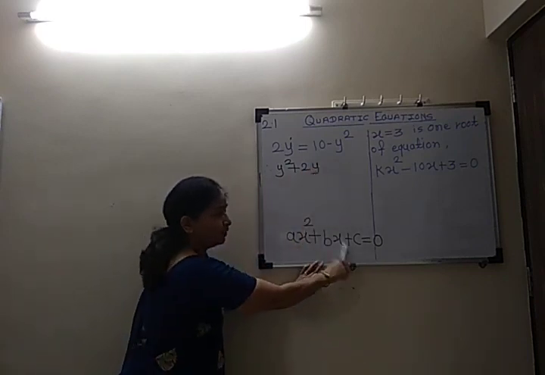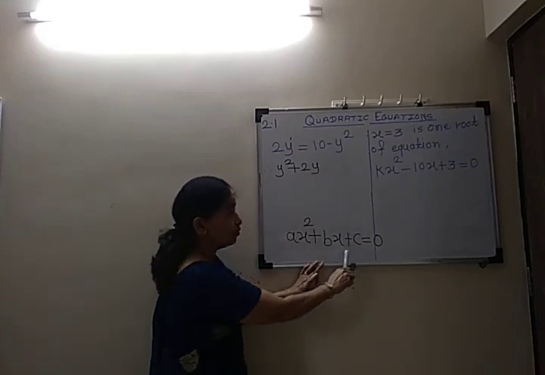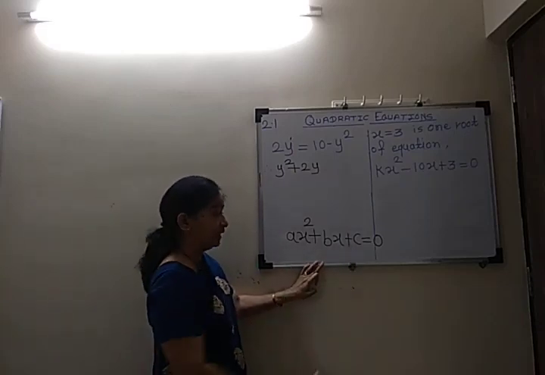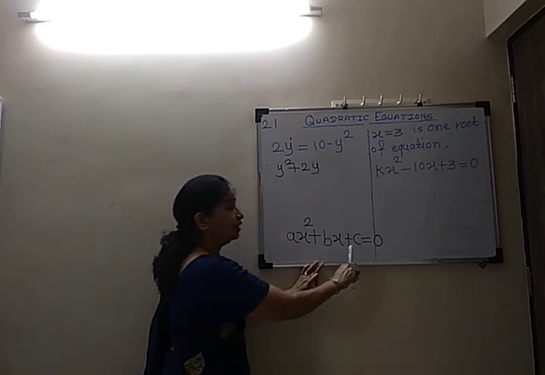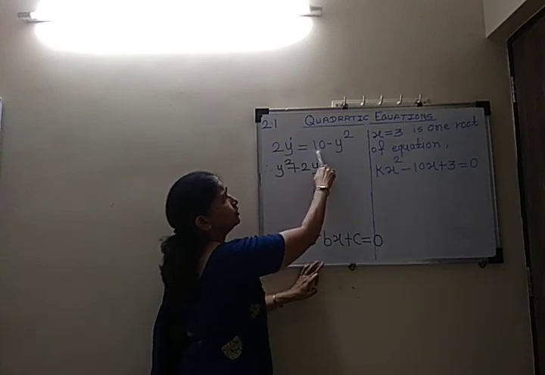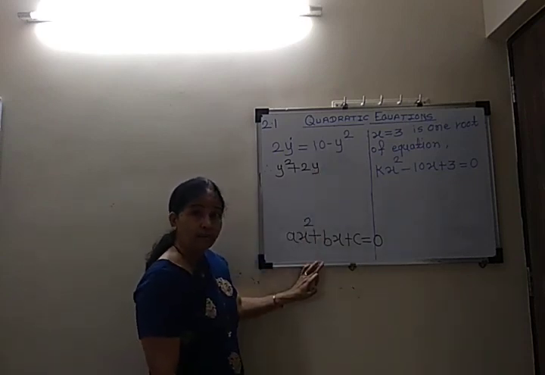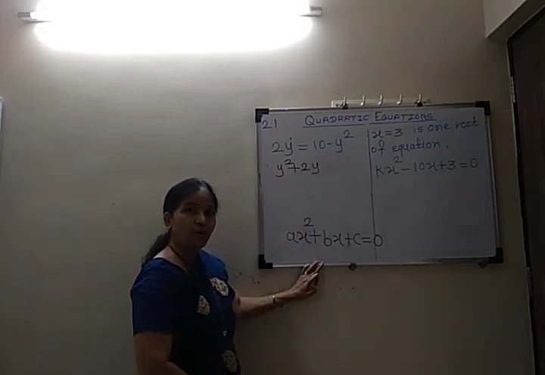Now, see after that what they have written? After that they have written c. C stands for the constant term. So, which is the constant term here? 10. But this 10 is on the right side, no?